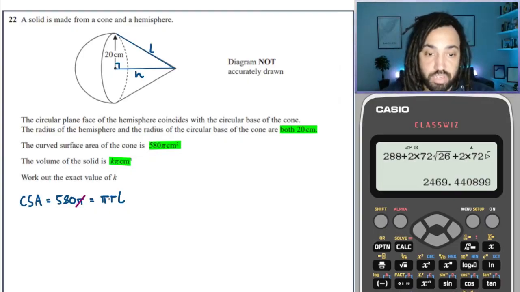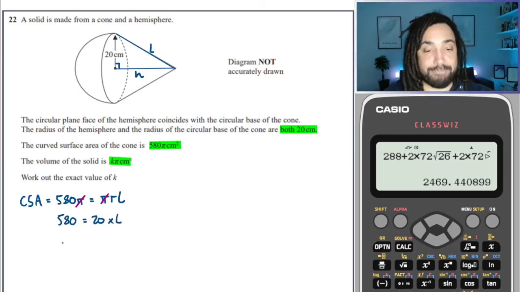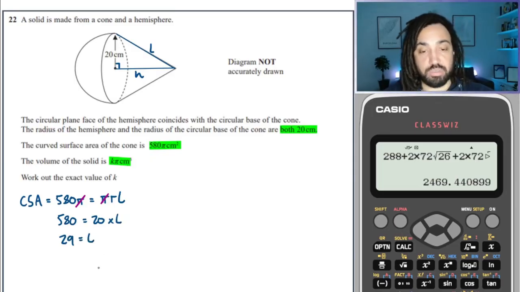So we can divide through by pi, and we can write this as 580 is equal to R, which is 20 times L. So dividing both sides by 20 gives you that L is equal to 29.